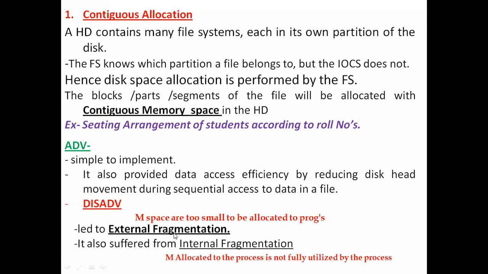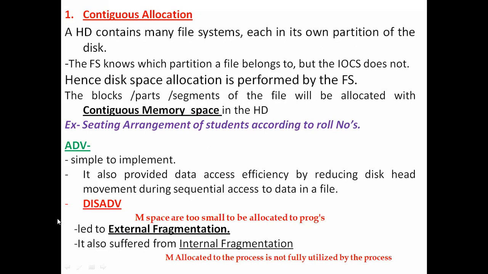Internal fragmentation is where the memory allocated to a process is not fully used by that process, which may lead to wastage of memory space. Hence both occur in contiguous allocation.